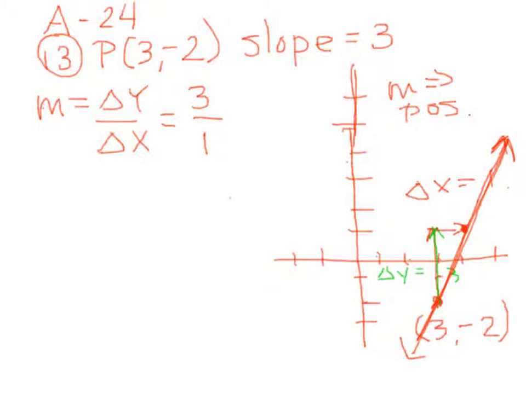Therefore, in the y direction, we followed the green line and we went up 1, 2, 3. And then from that point, we had to take care of our change in x. So that's positive, so we go 1 to the right. So we end up here, and the coordinates of this point here are 4, 1. We connect those dots, and there's our line with a positive slope of 3.